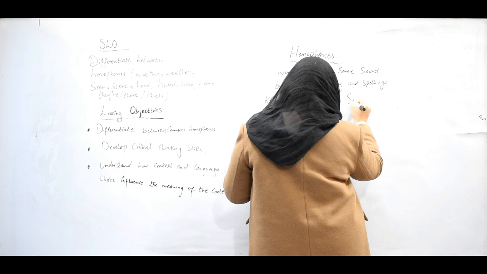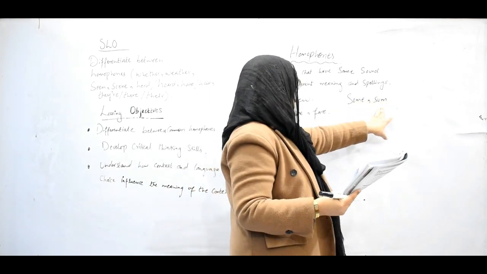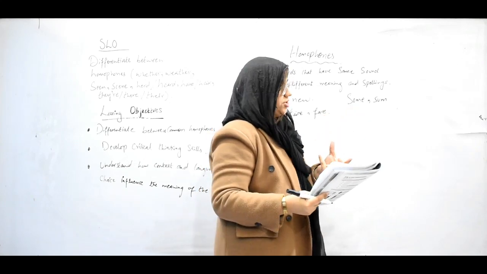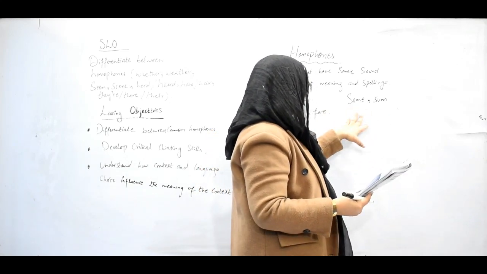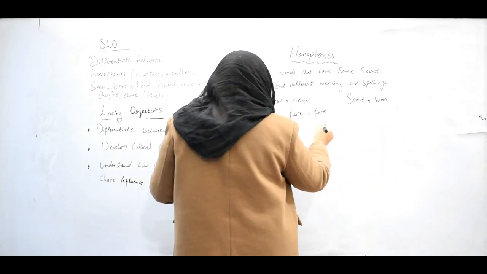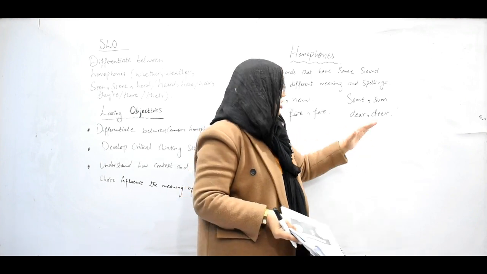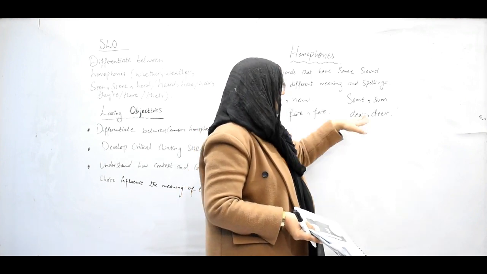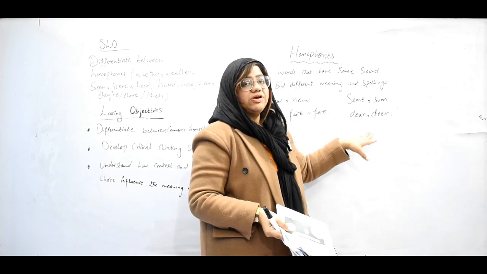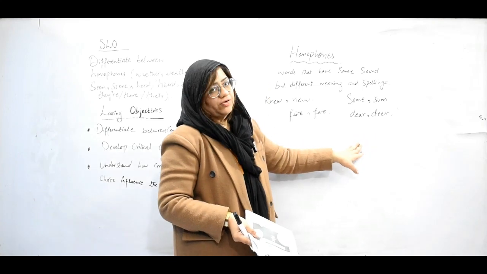Something like some and sum: sum is addition, and some is a few, a quantity. Deer and dear: deer is the name of an animal, and dear is a most loving person. Both sound the same, but when we find out their meanings, they're totally different.